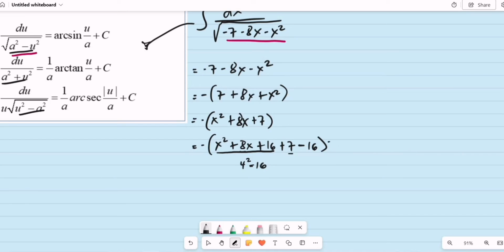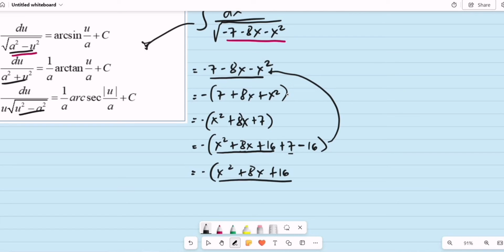This expression is still similar to our original expression, since 16 minus 16 is still 0. If we now simplify, we have the negative of x squared plus 8x plus 16. So this is a complete square. Then 7 minus 16 will be negative 9.